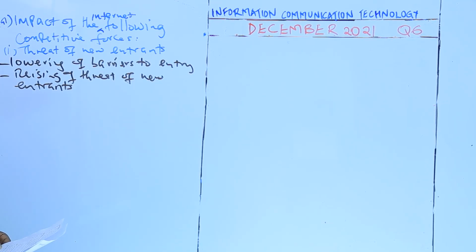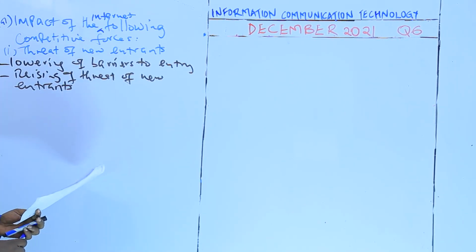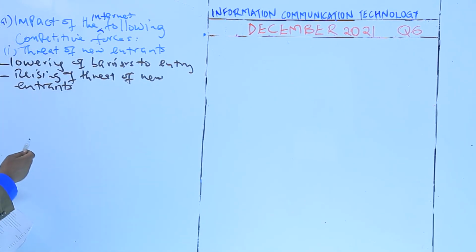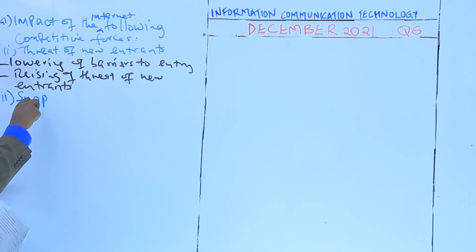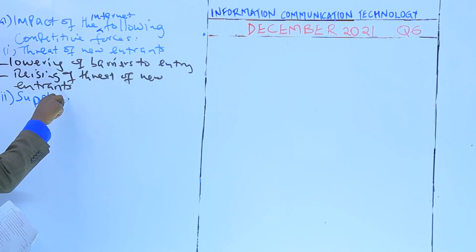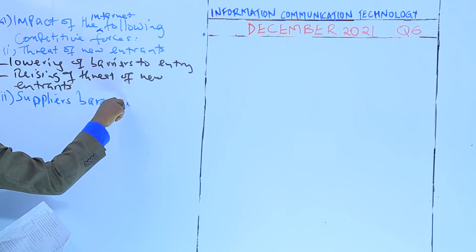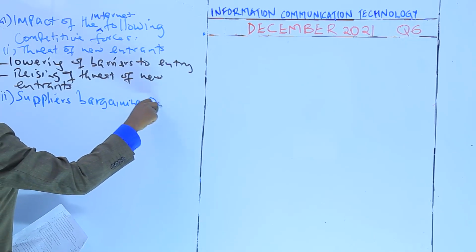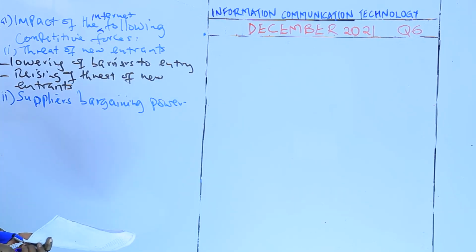The second competitive force is suppliers' bargaining power.